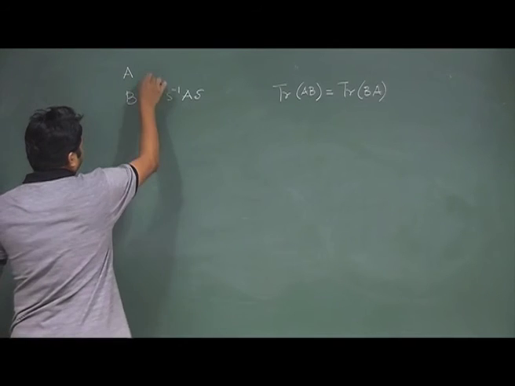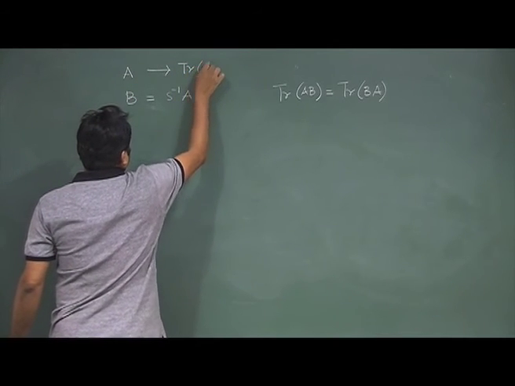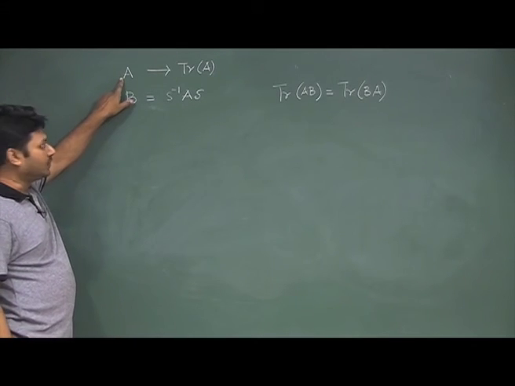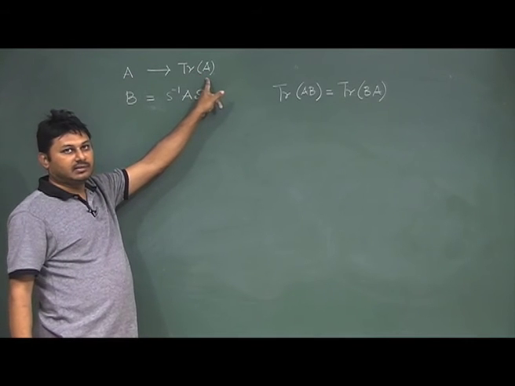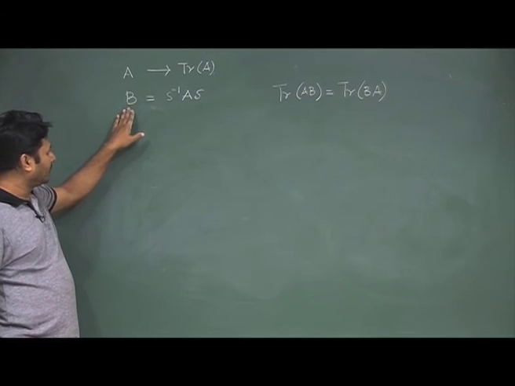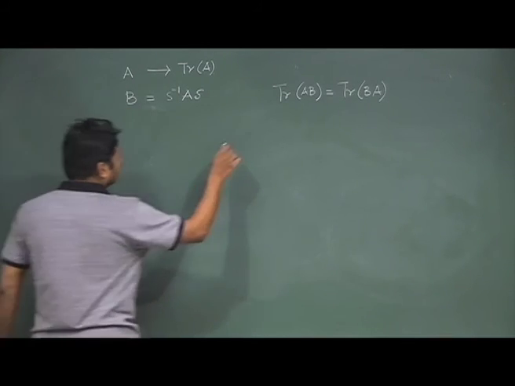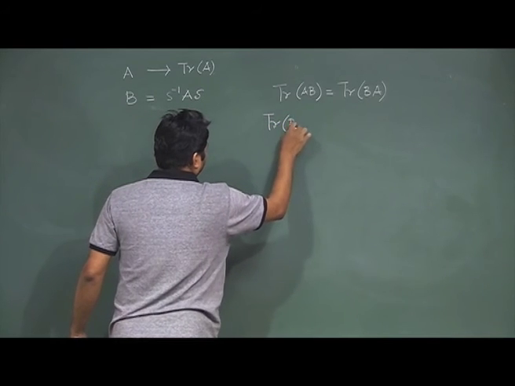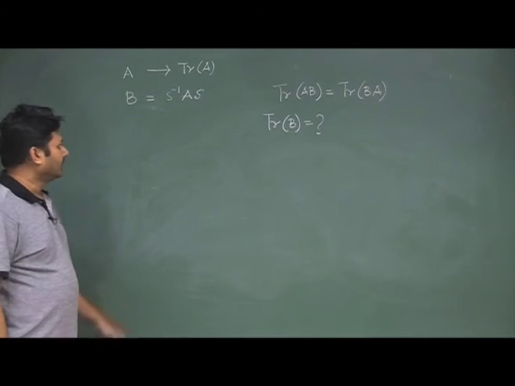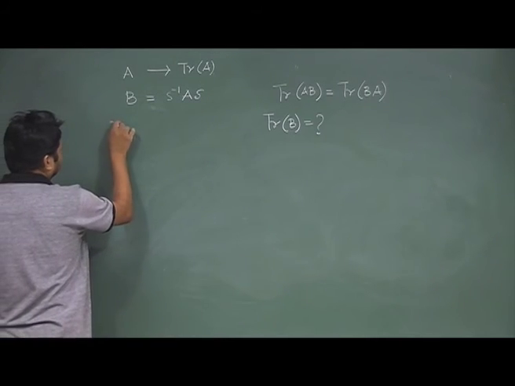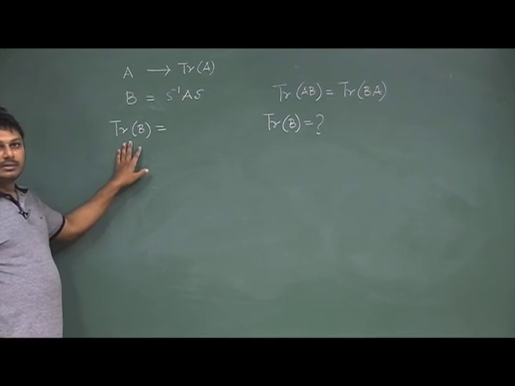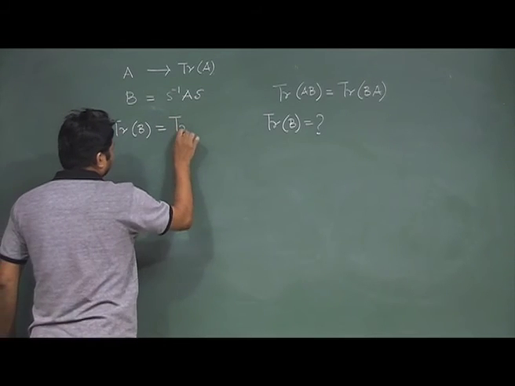So, here trace of A is this. After I have a matrix A whose trace is given by this, I make a similarity transformation with this and try to find out what is the trace of B. So, my goal is to find out what is the trace of matrix B. So, if I do that trace operation over B, then I need to do the trace operation on both sides.